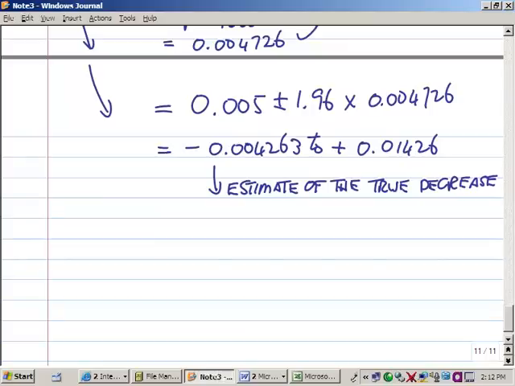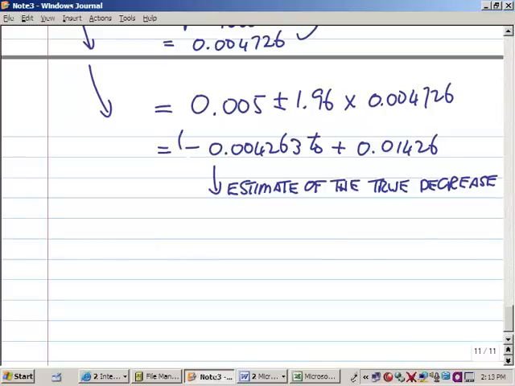So a negative decrease is an increase. All right. So we can have an increase of about 0.4263%, or a decrease of 1.426%. Okay. But the true decrease could be 0, because the 0 is inside that interval.